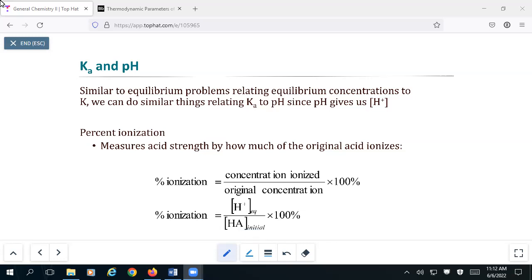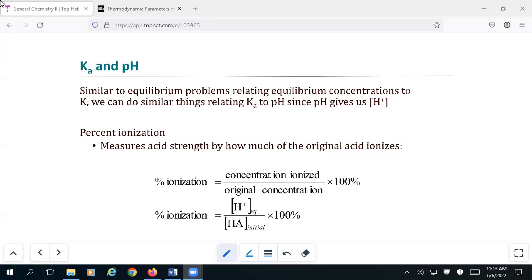That means we're looking at the concentration of the hydronium ion at equilibrium over the concentration of the acid that we started with. That ratio of values times 100% will give us the percent ionization. Percent ionization also is another indicator of acid strength.